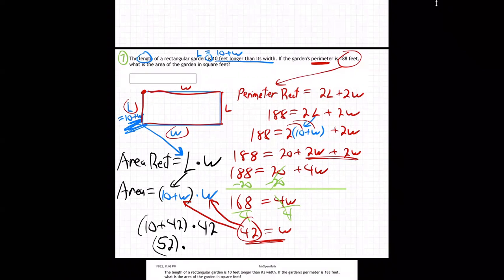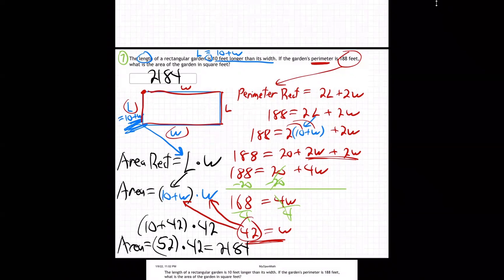That's 52 and 42. Multiply those on your calculator, 52 times 42. And I'm getting 2184. So 2184 is the area.